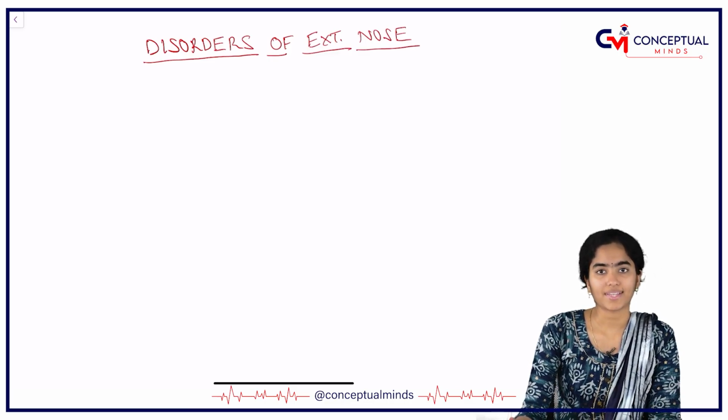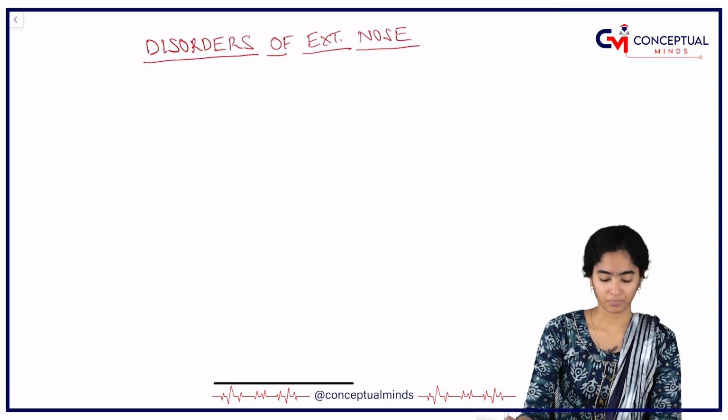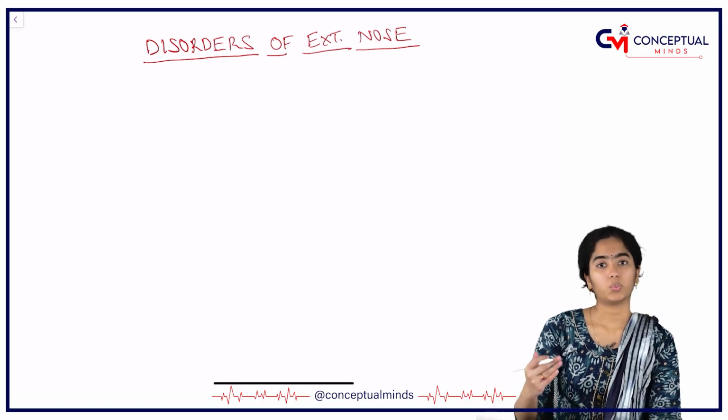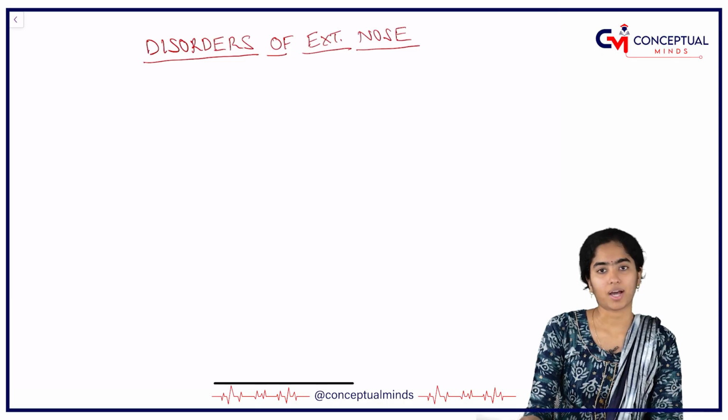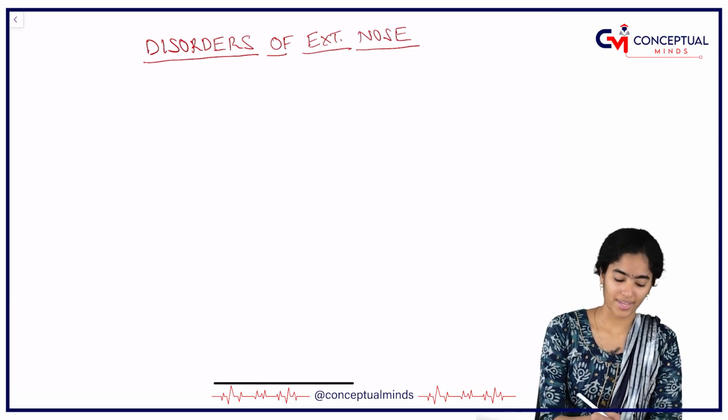The disorders of external nose could affect the skin, cartilage as well as the bony framework. We can learn them under various subheadings. To begin with, let us first discuss about the deformities of external nose.